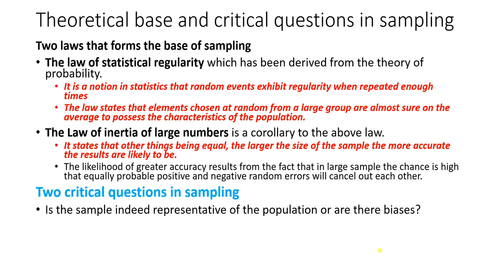If the answer is yes, it is representative, then we have achieved the main goal of sampling. As I discussed earlier, sampling involves selecting a subset of units in such a way that those subsets are representative of the population.